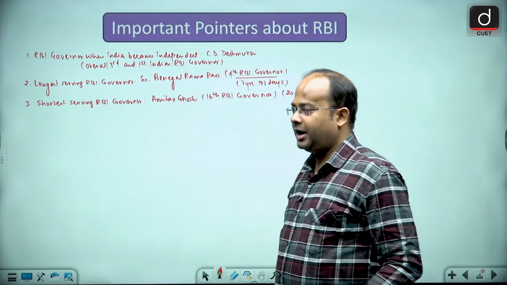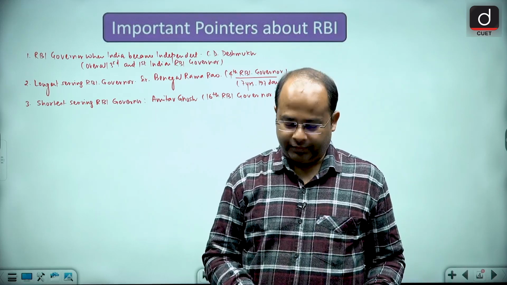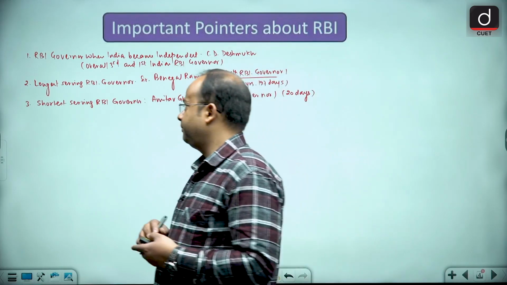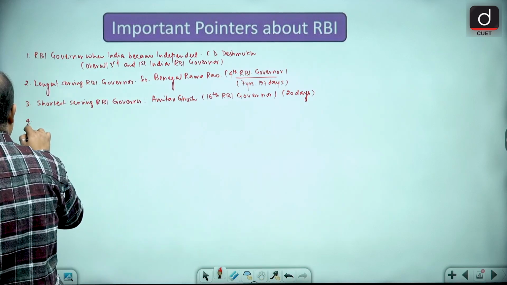Other than this, the RBI governor who later became the Prime Minister of India was the 15th RBI governor, and that was Dr. Manmohan Singh. Now he is no more.